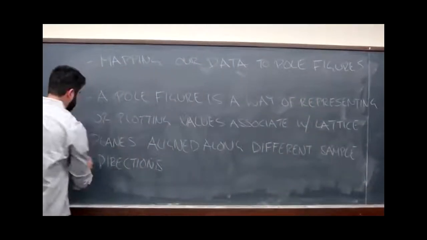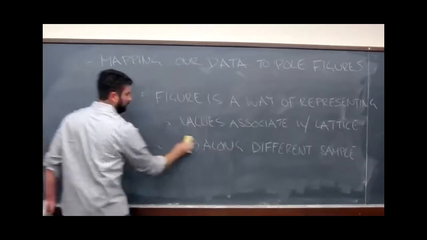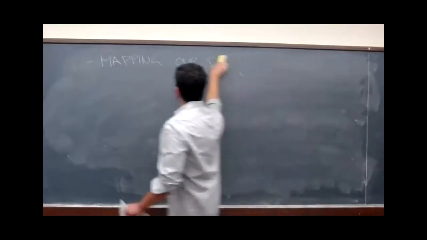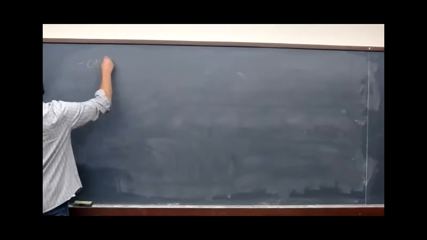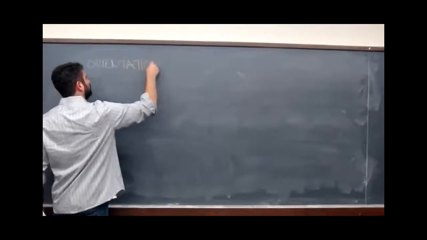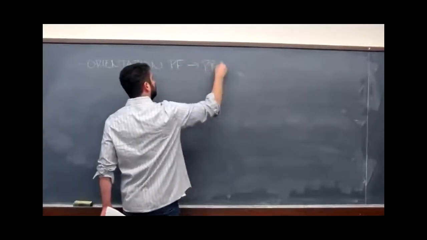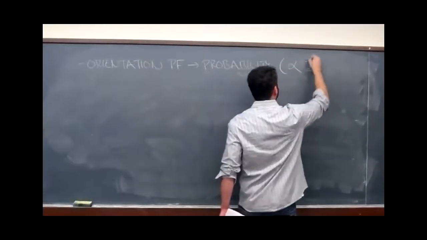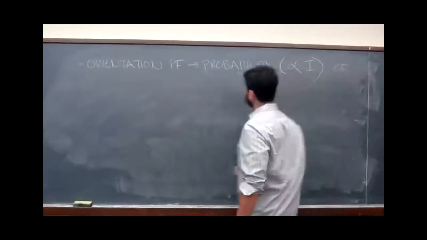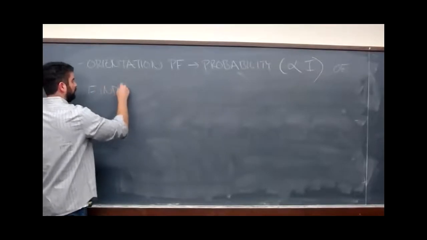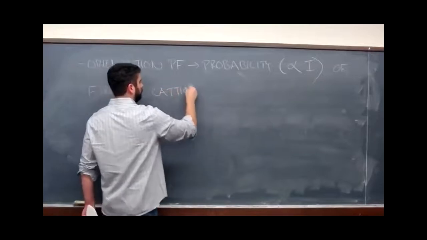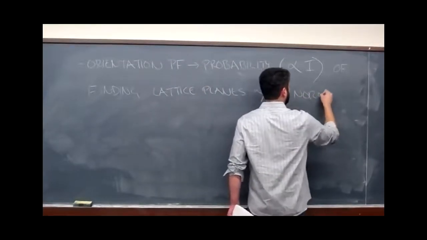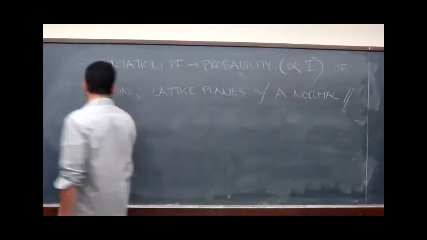The most common one, the one that you might be most familiar with, is an orientation pole figure, which is the probability of finding lattice planes with an orbital parallel to a sample direction.